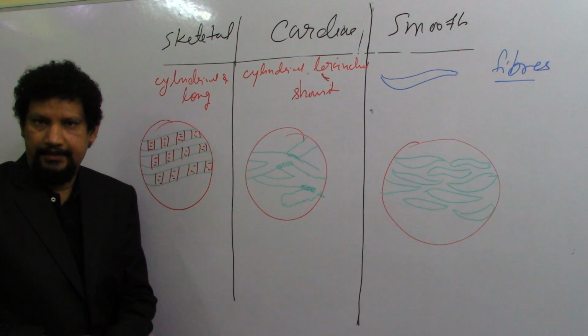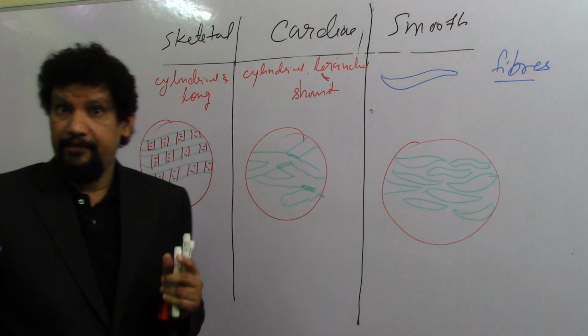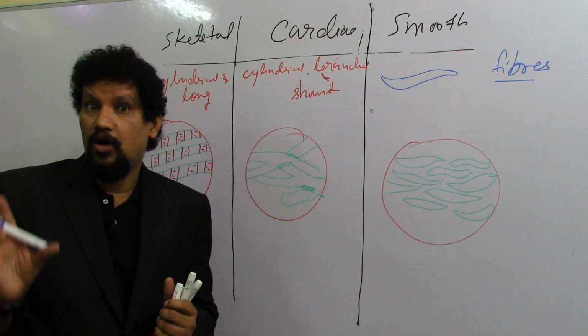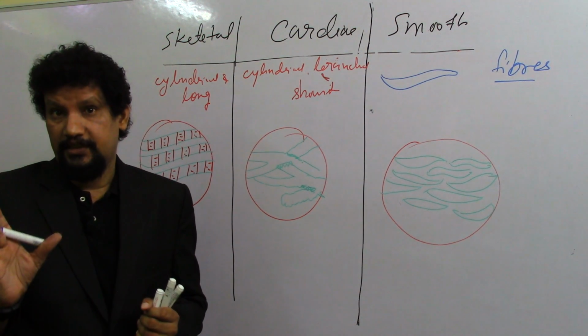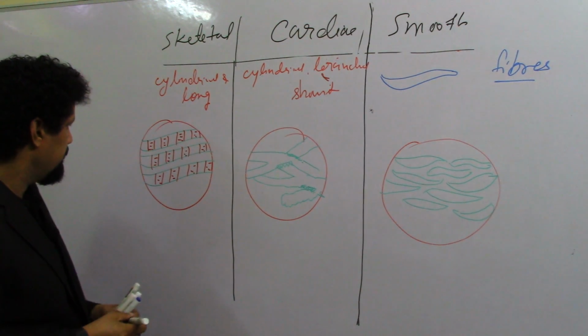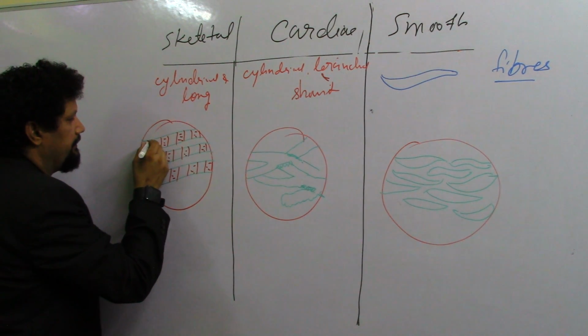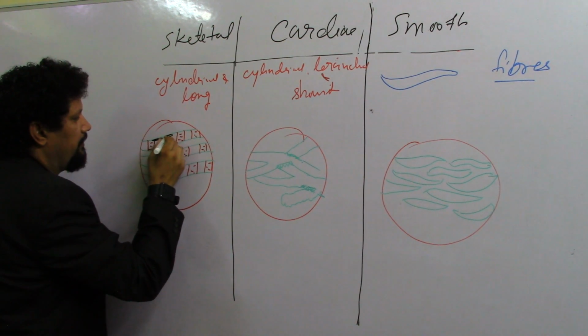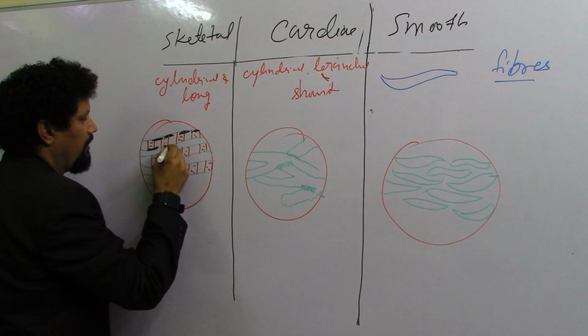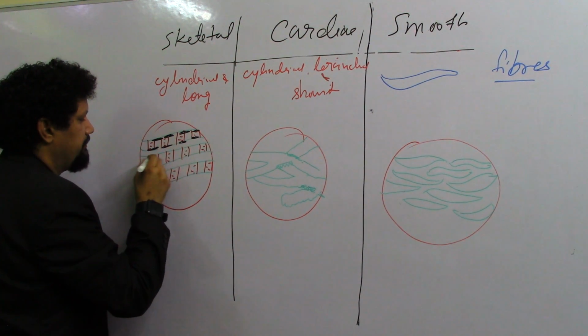You can see the multiple nuclei in a single muscle fiber or the myocyte in case of skeletal muscle. So these muscle fibers are having the peripherally placed multiple ovoid nuclei in case of the skeletal muscles.